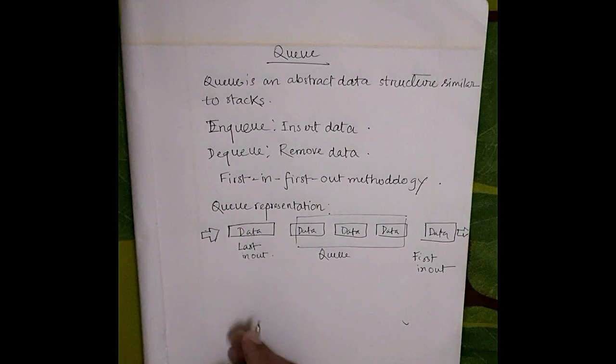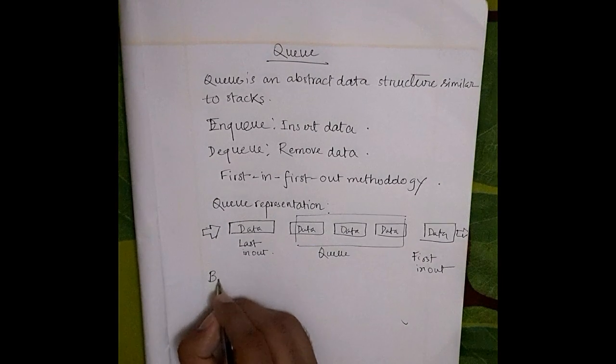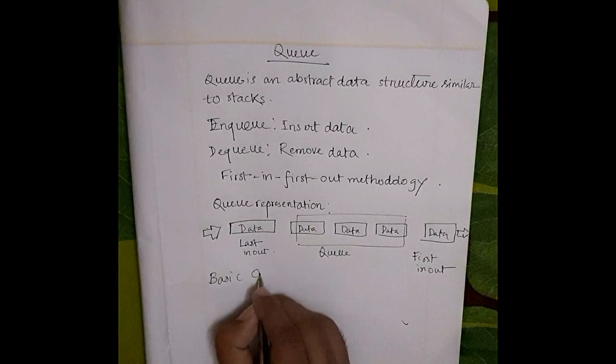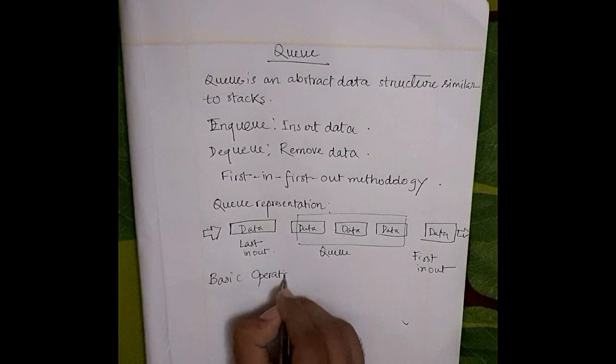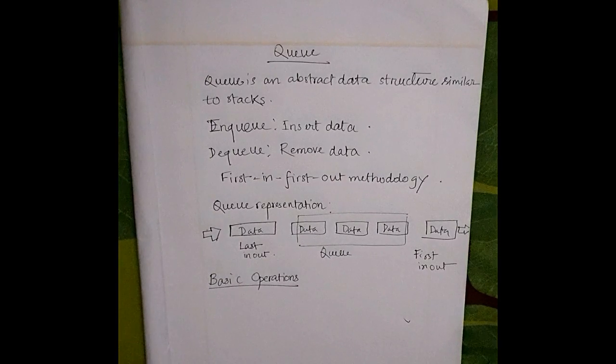Okay, so there are some basic operations. What are those basic operations? Let me write that down first, then I will explain. Queue operations may involve initializing or defining the queue, utilizing it, and then completely erasing it from the memory.